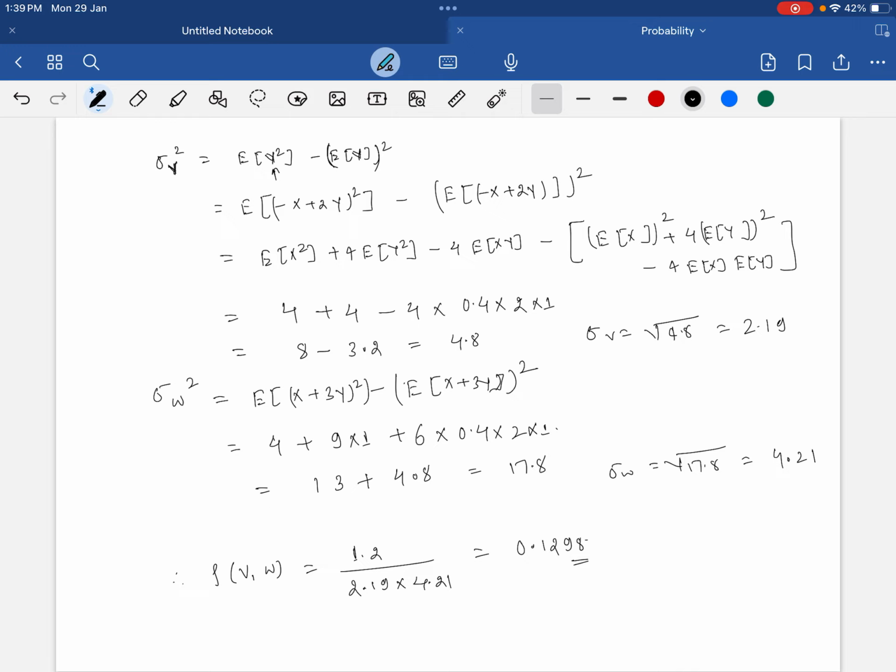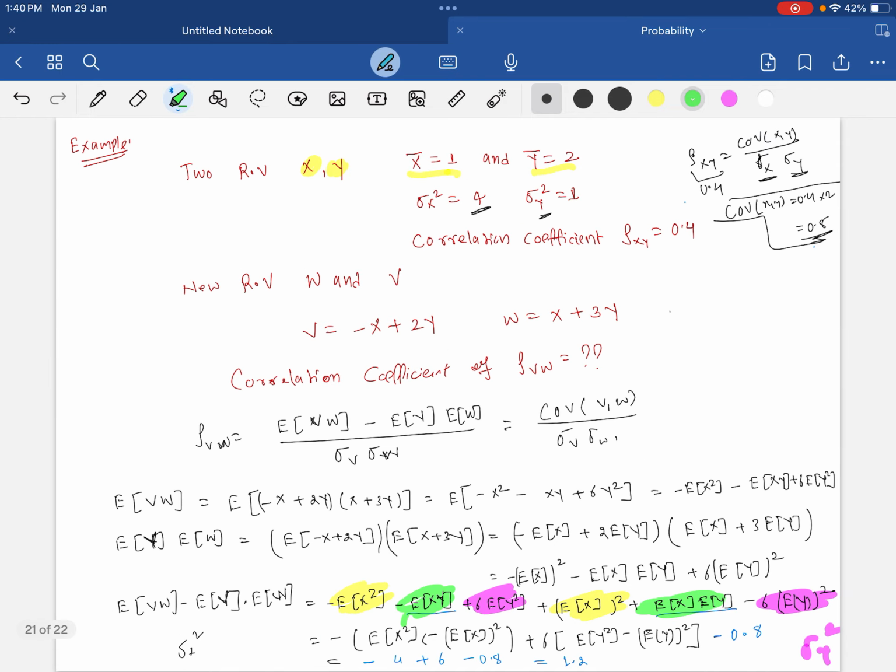Further you expand this and it is easy, right? Ultimately you will find that these two terms form sigma x square, and these two terms give you sigma y square, and again you will have the expectation of xy times the expectation of xy, which gives you the covariance.